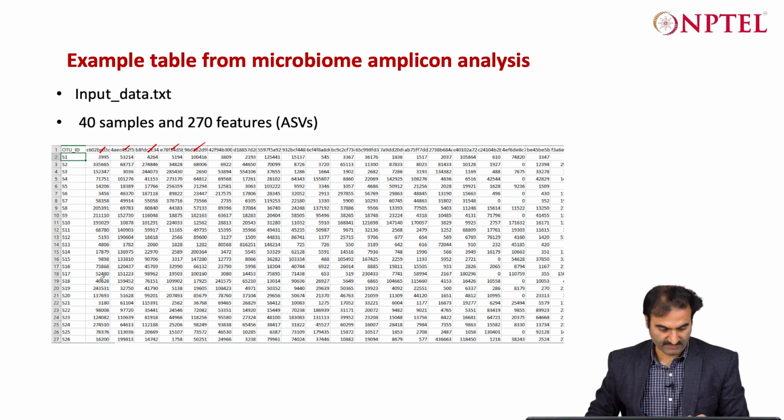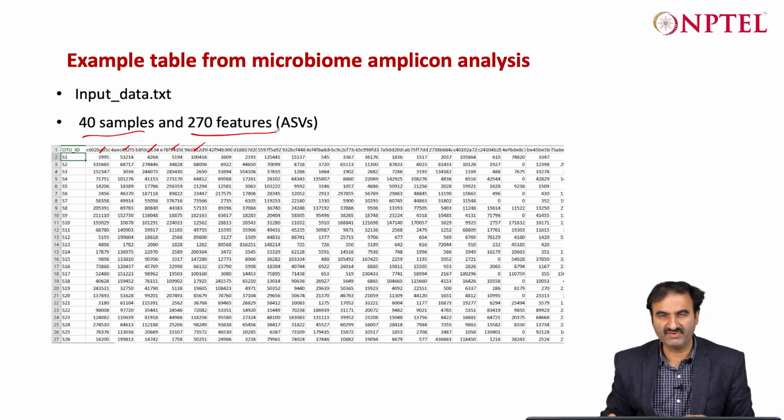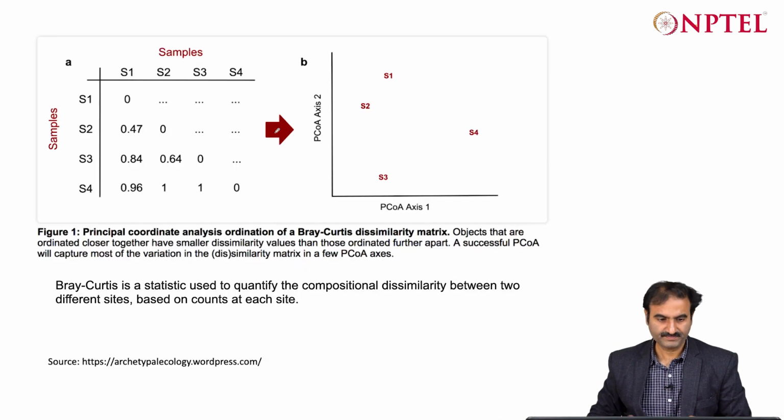For example, 40 samples and 270 ASVs, or 270 OTUs, or basically 270 species or that kind of taxonomic groups were found. Then you calculate the distance between them, and then plot that distance on the PCA plot.